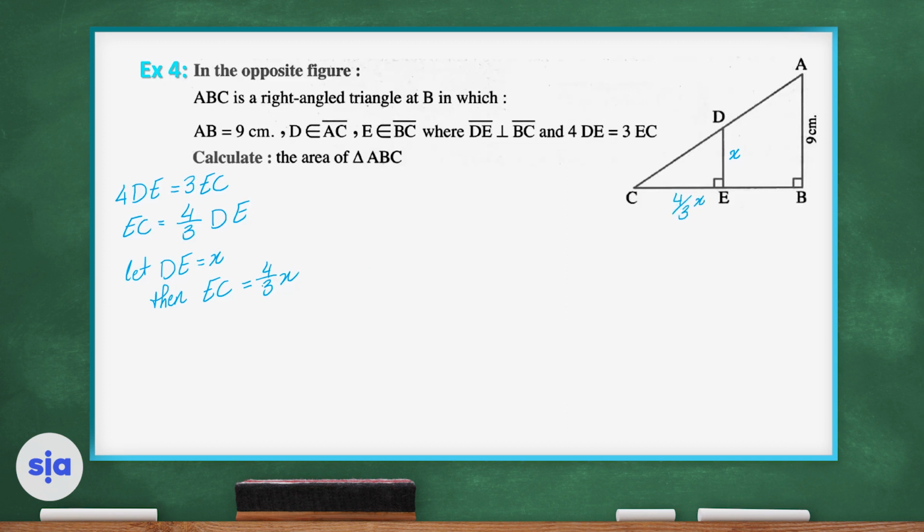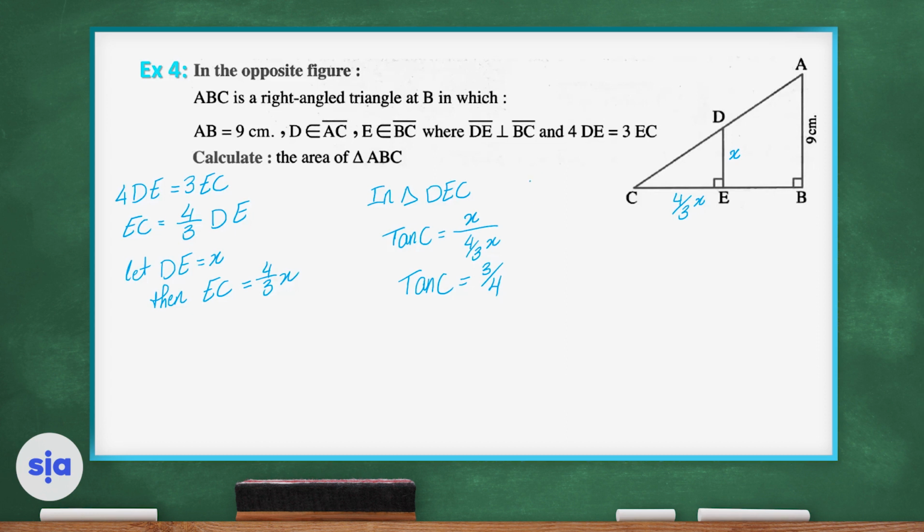In triangle DEC, you will see that tan C equals x over 4 over 3 x. So tan C equals 3 over 4.